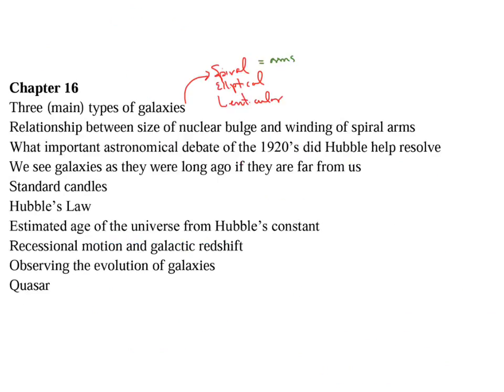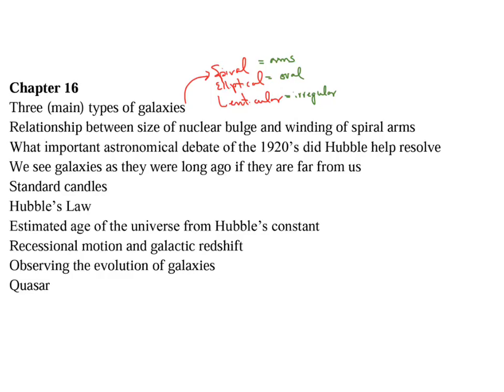So, three types of galaxies: spiral, elliptical, and lenticular. You're going to want to know a description. Spiral will have the spiral arms. The elliptical are kind of spherical, or they could be elongated.